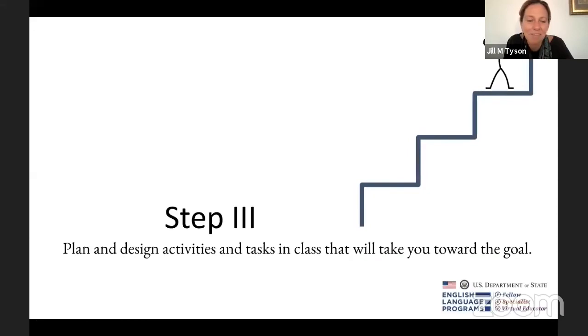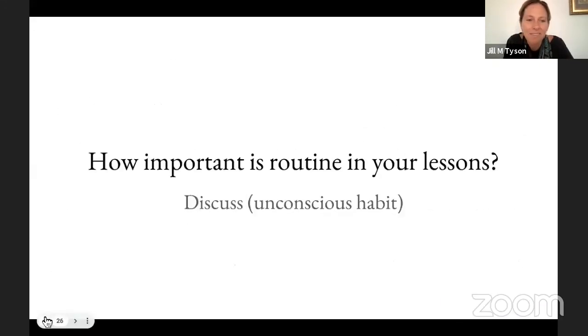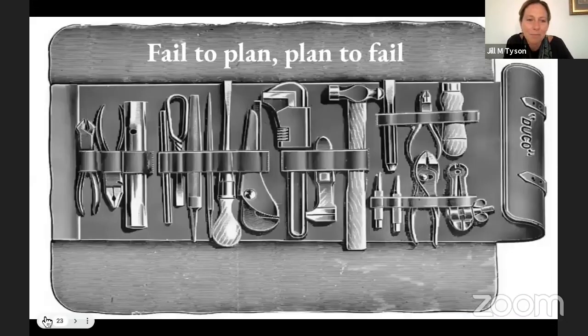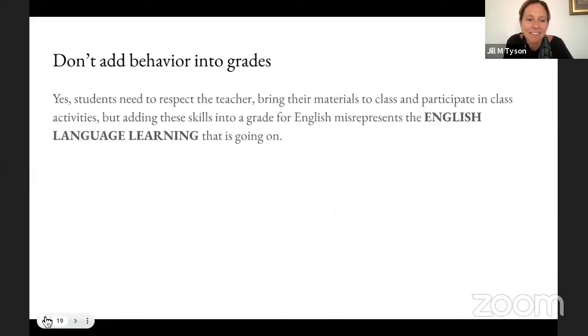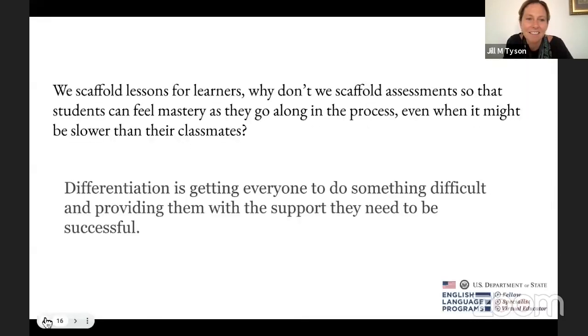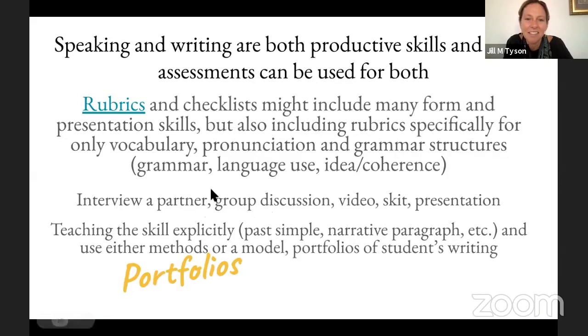Let me unmute. Yeah, so the productive skills are here. Let me go back. Yeah, here. So with assessing productive skills, I think checklists are really good.